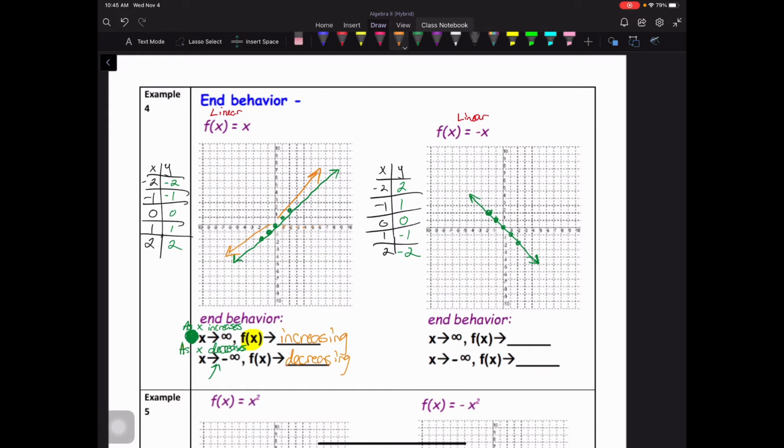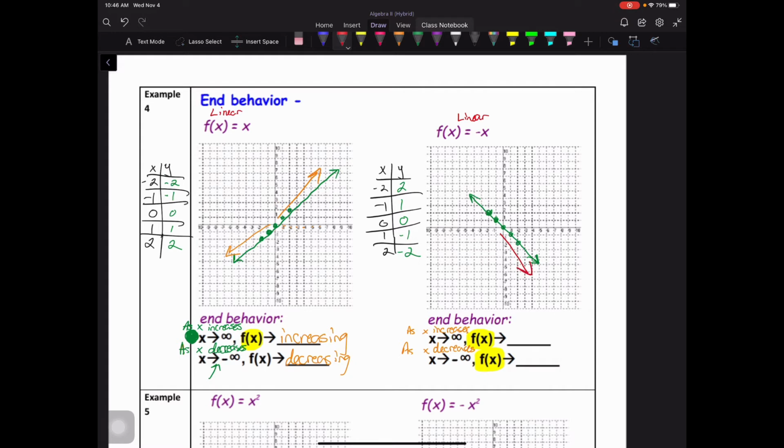Okay, over here, it's also a linear function, so we can say as x increases again and as x decreases. That's what these two variables and symbols are saying in words. F of x, again, stands for a function. What's happening to our function as the x values get bigger?